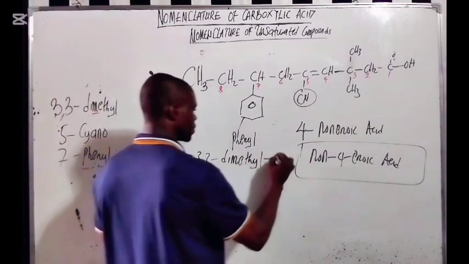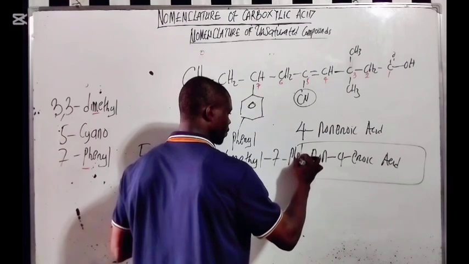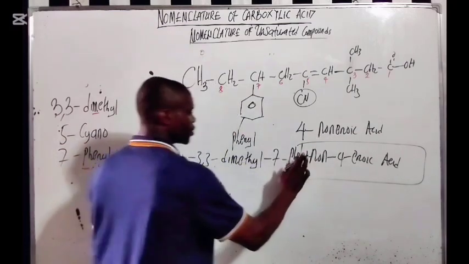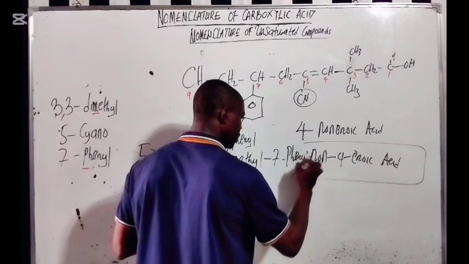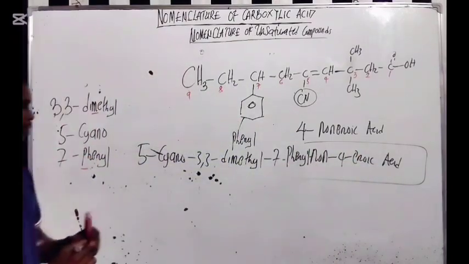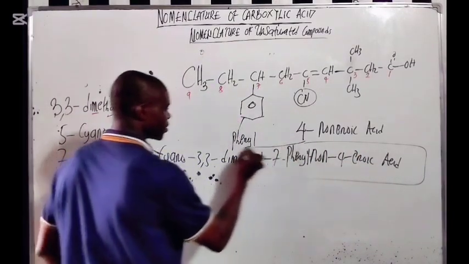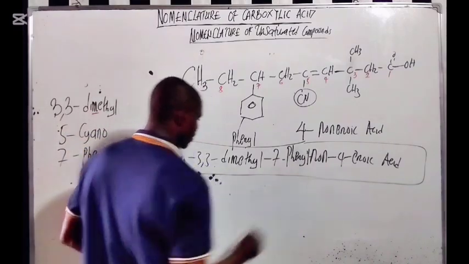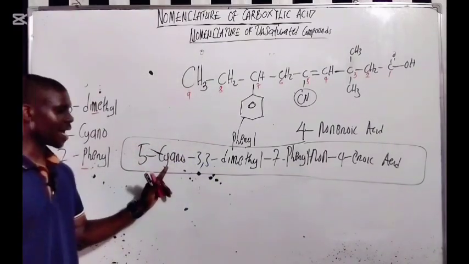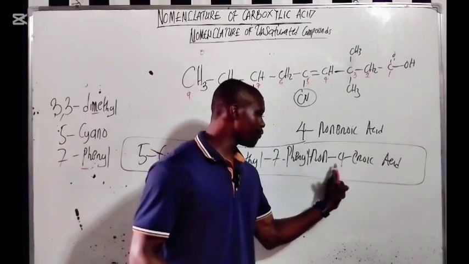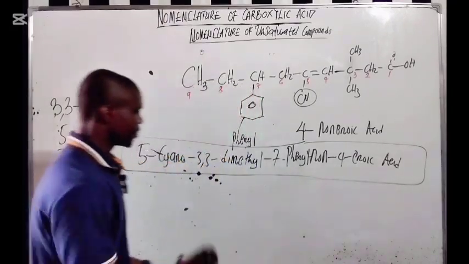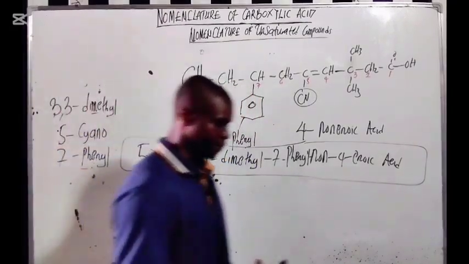So you have 7-phenyl. That is the name. The name is going to be 5-cyano-3,3-dimethyl-7-phenylnon-4-enoic acid. That is the name.